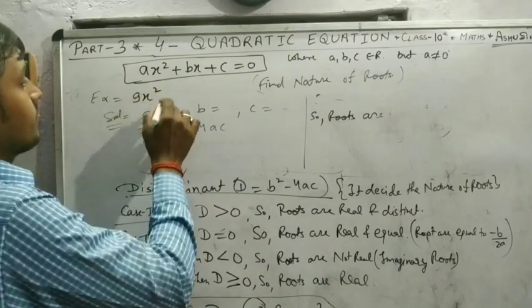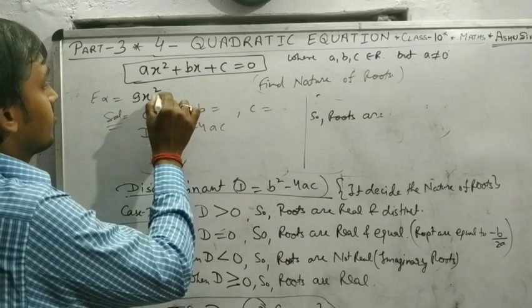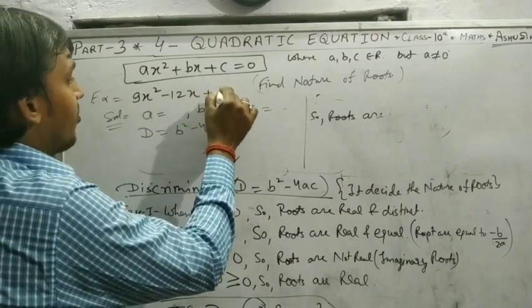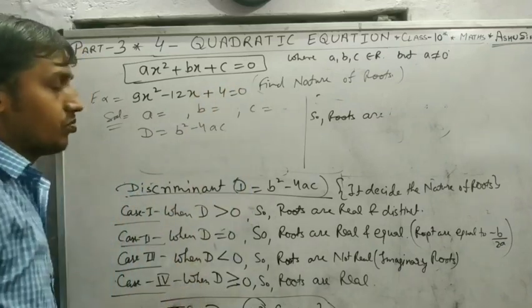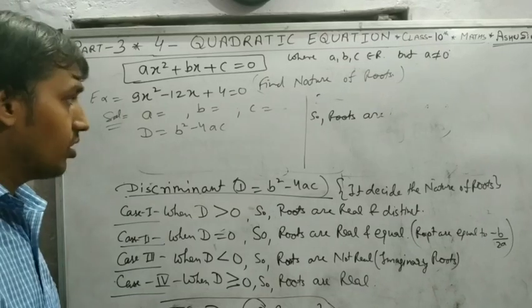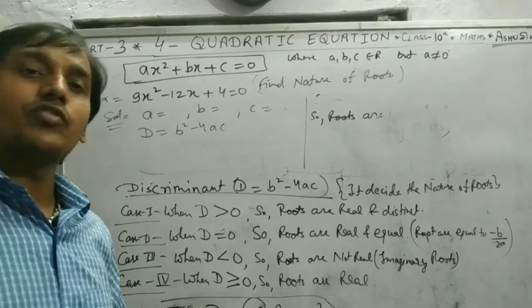9x square minus 12x plus 4 equal to 0. Okay, we want to find the nature of the roots.